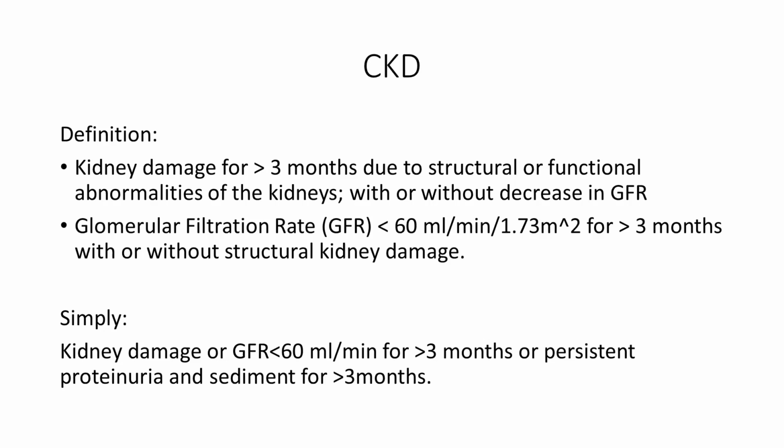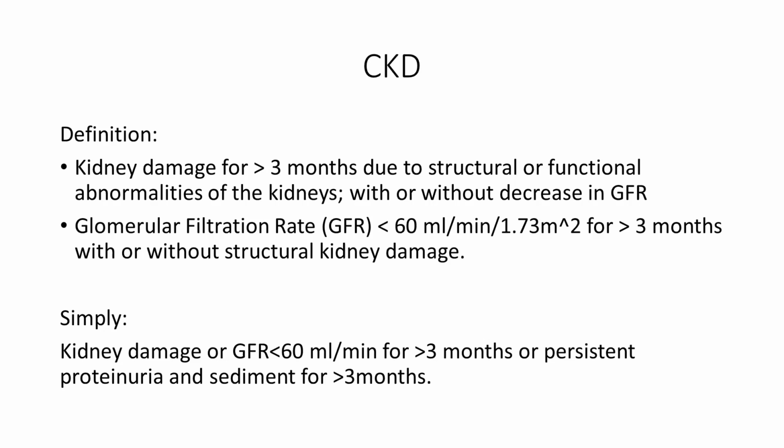Now, to simplify the definition, we can say that kidney damage or decrease in GFR of less than 60 ml per minute for more than 3 months, or persistent proteinuria or sediment for more than 3 months. Now here, to give you an example, suppose there is a patient of nephrotic syndrome.